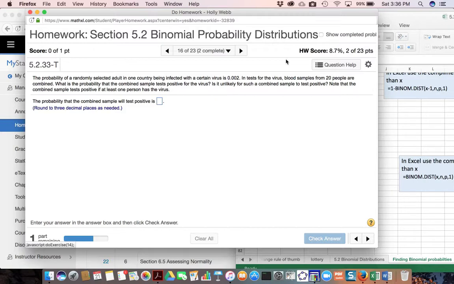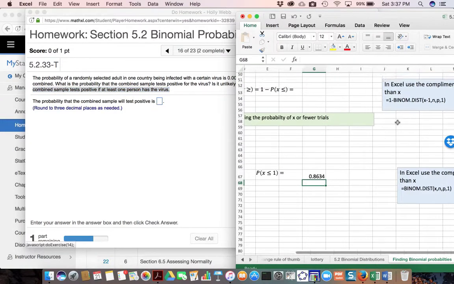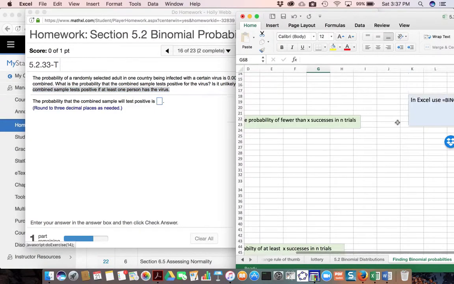So here is a problem that is asking us about at least one. So this is an at least probability. Okay, so we have an n of 20 and a p of 0.002. Let's find the at least in our notes.